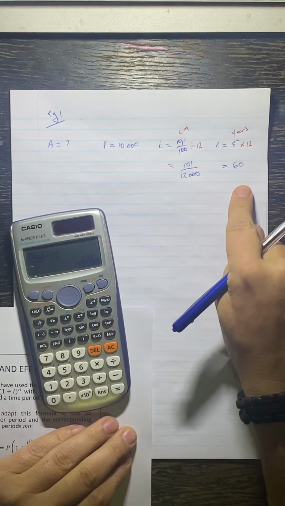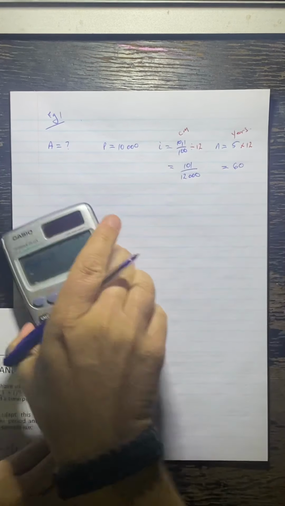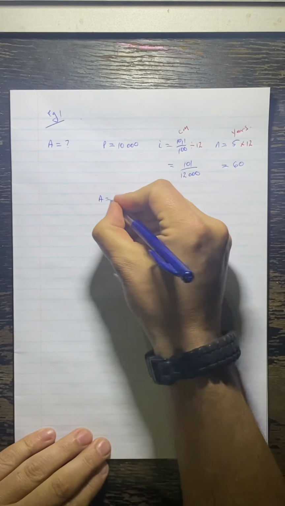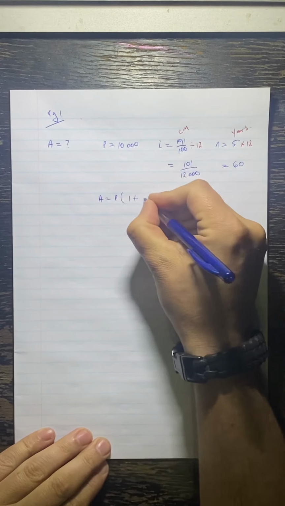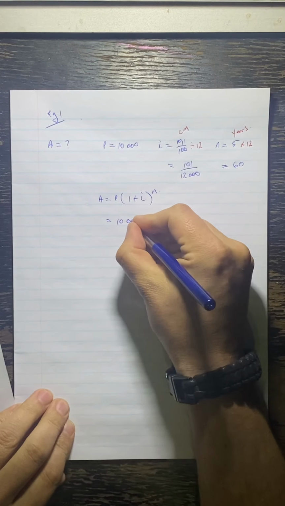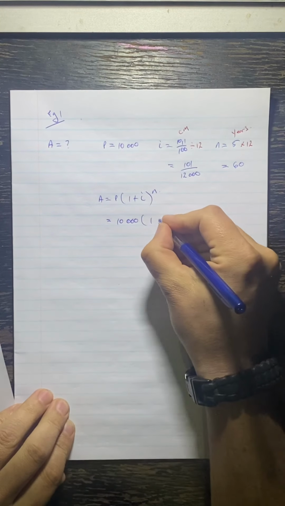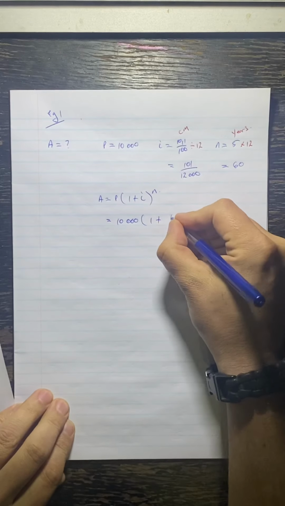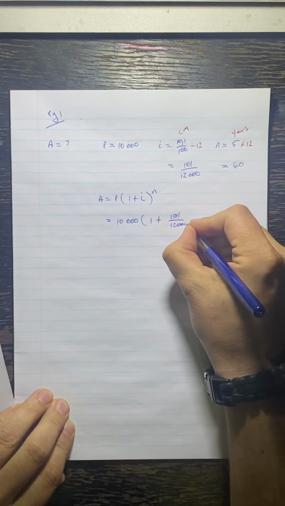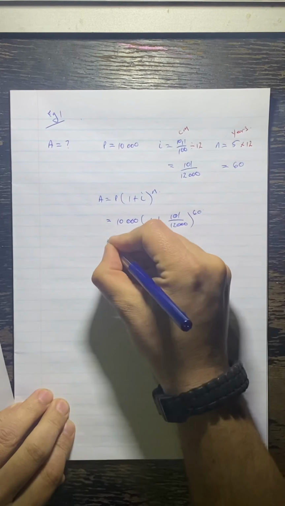Okay, they're both monthly now. And those are the ones I'm going to use in the formula now. So we've got here A is equal to P(1 plus i) to the power of n. Just substitute in. So we've got 10,000 times (1 plus 101 over 12,000) to the power of 60.